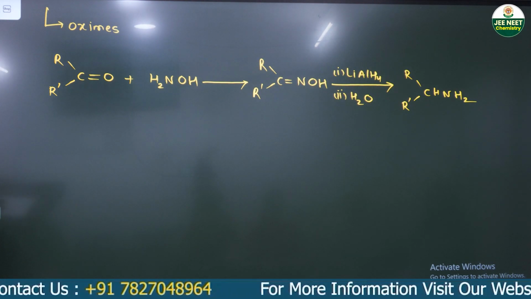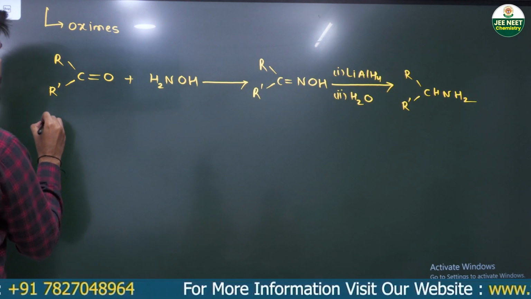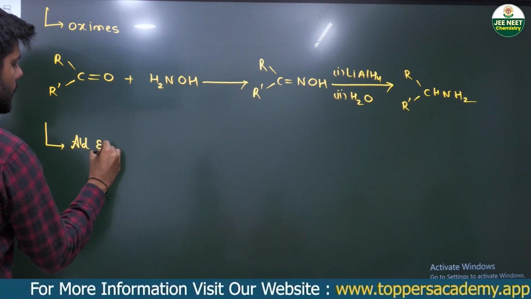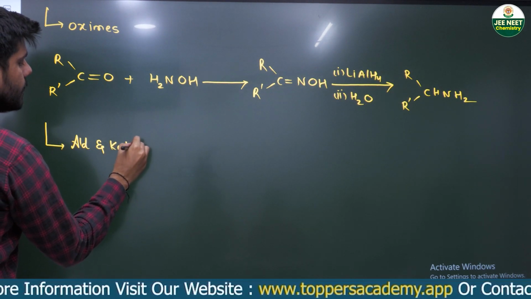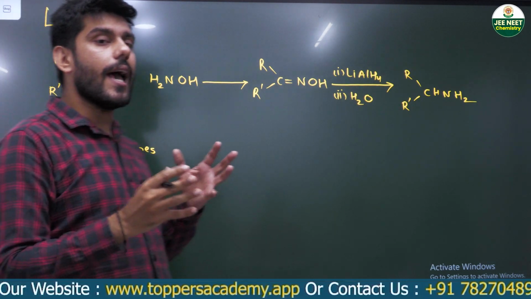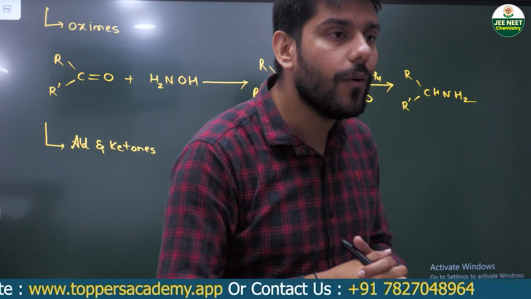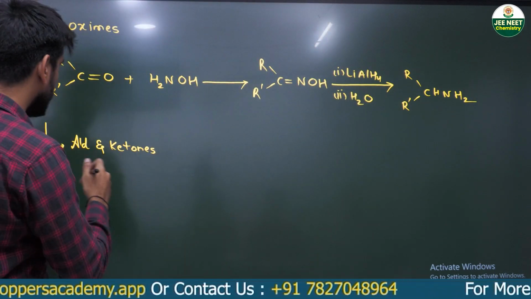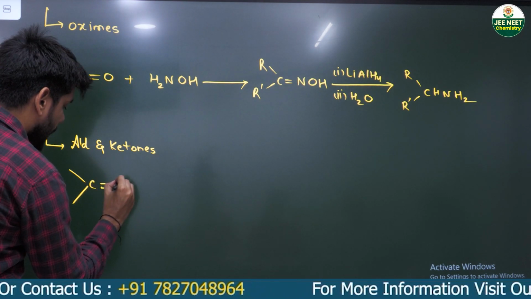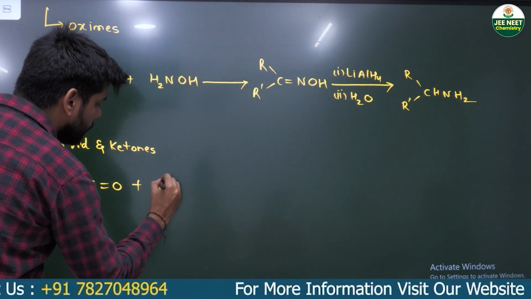Aldehydes and ketones. This is important. Now, basically, ammonolysis. You know that when we react with ammonia, we get an imine. Suppose I have this and I treat it with ammonia, what do I get?